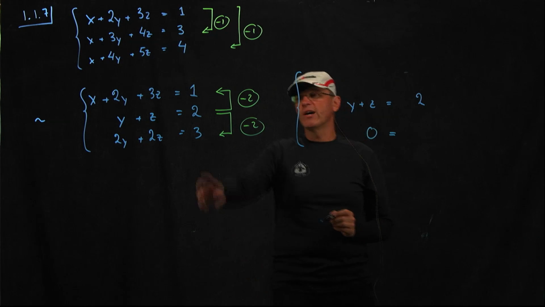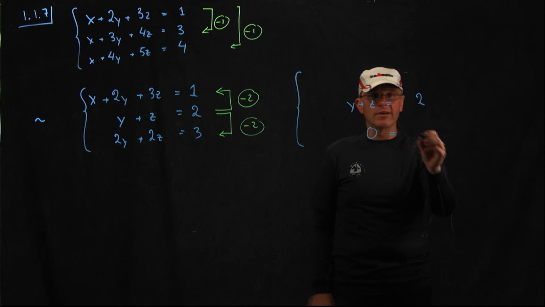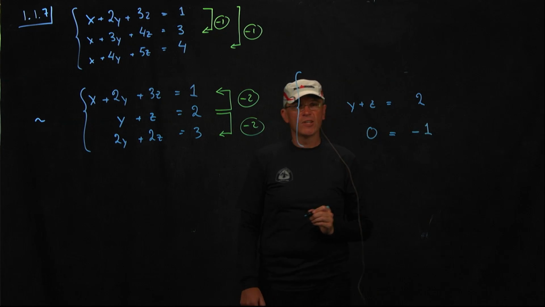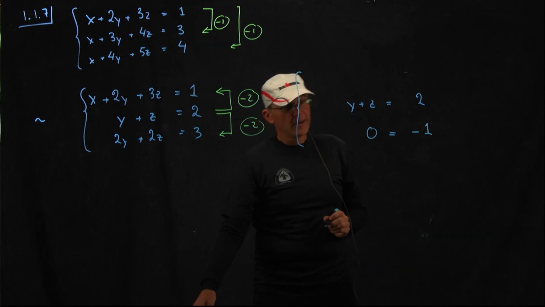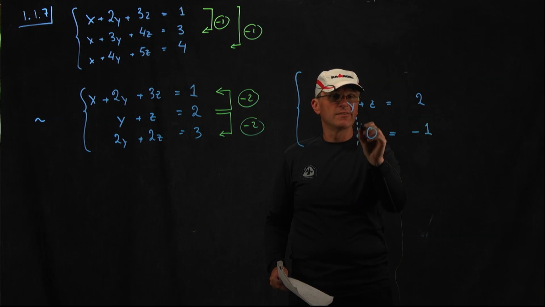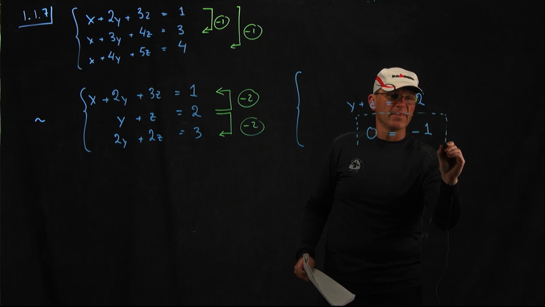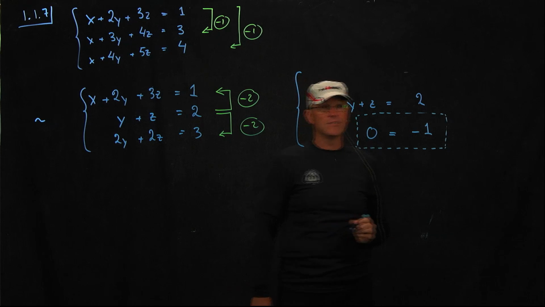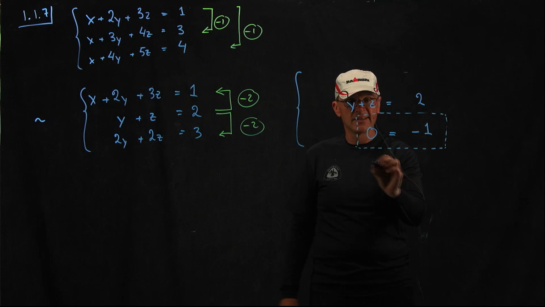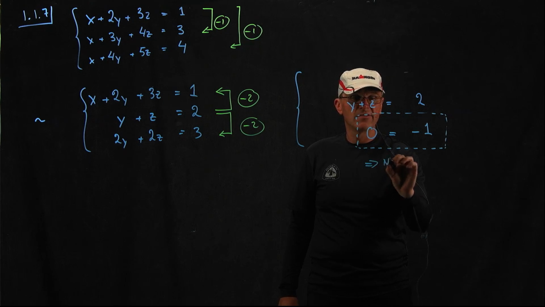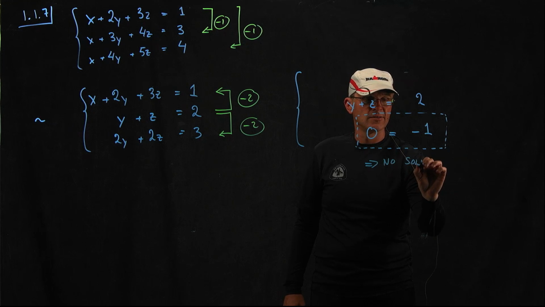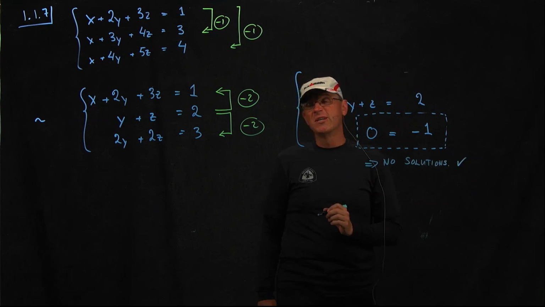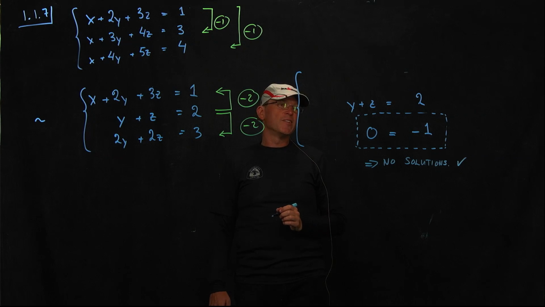And then we're subtracting 4 from 3. So the bottom here gives us 0 equals something that's non-zero, right? So that tells us that we have no solutions, right? So there's no hope here.